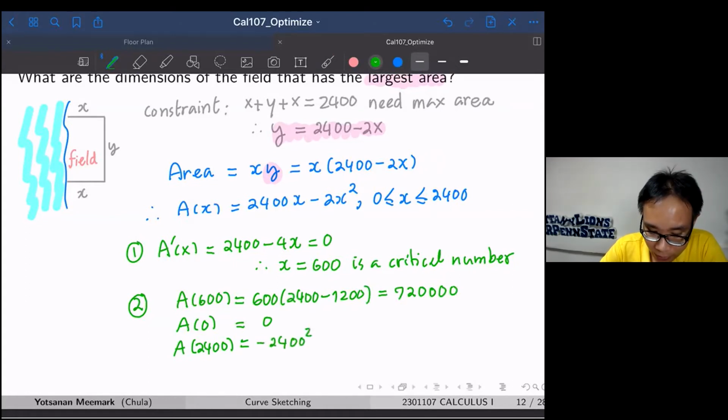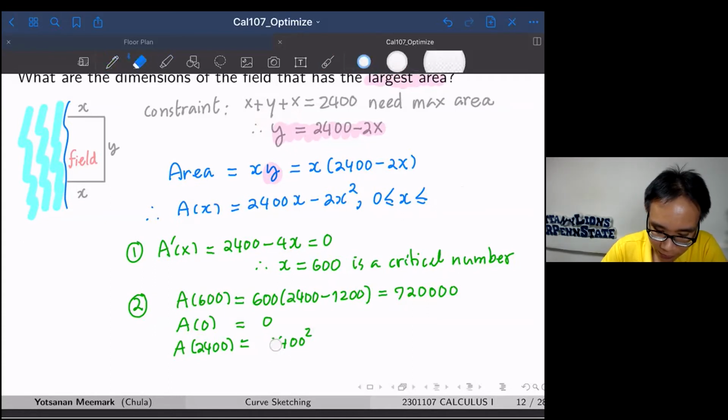Actually, you may ask me, hey, it cannot be that, because you have x here and you have x here. So you must have x not going to be more than 1200. Let me fix this one a little bit.